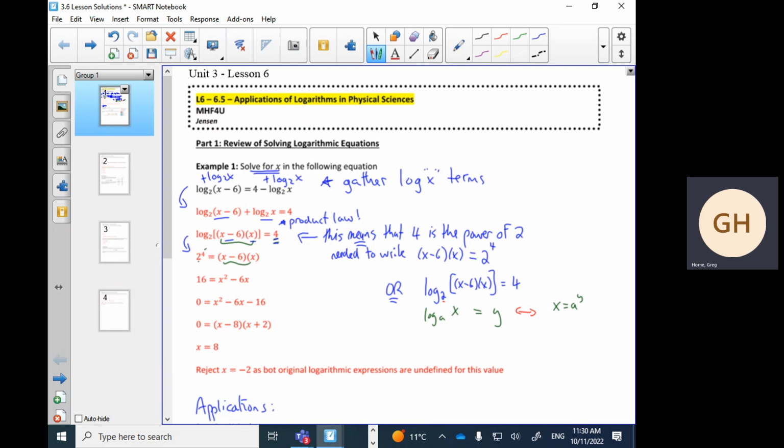Obviously, the base is still the base, so it's going to be a 2. The y value, you can see, is 4. The x, of course, is 6 times x, so that's where it would go. So you can see that is the same as that. There's more than one way to get to that next line.